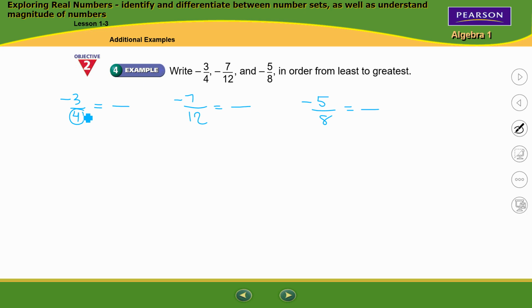No. So what I do is I take the biggest denominator, which is 12, and I start listing multiples of it. 12, 24. I start checking to see, is 24 now going to be divisible by 4, 12, and 8? 24 divided by 4 is 6. 24 divided by 12 is 2. 24 divided by 8 is 3. So 24 is going to work as a common denominator.